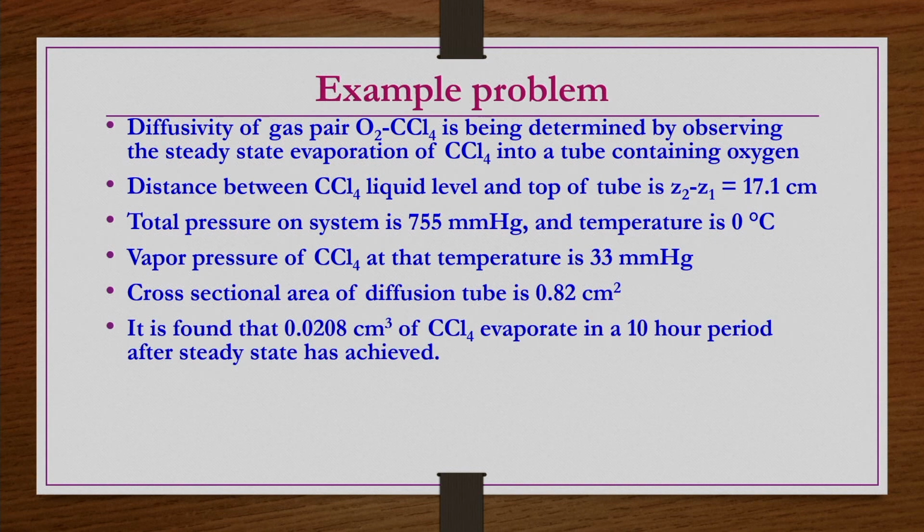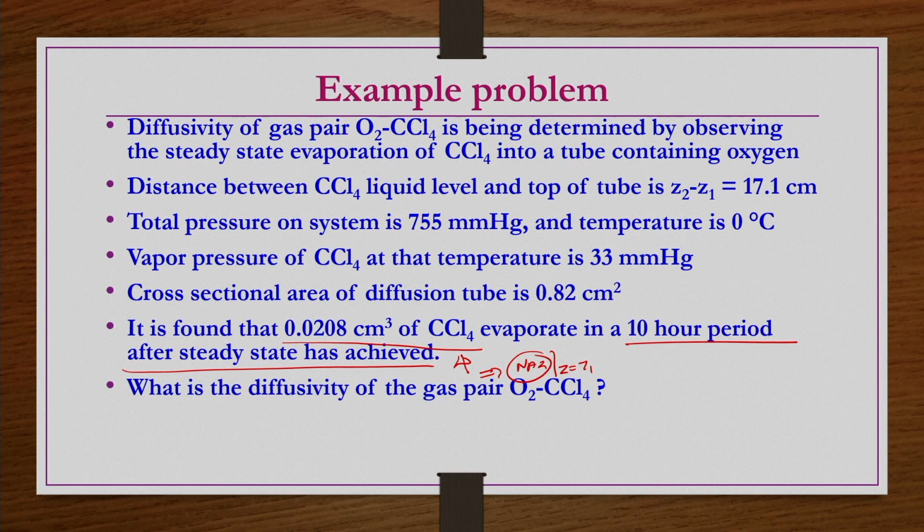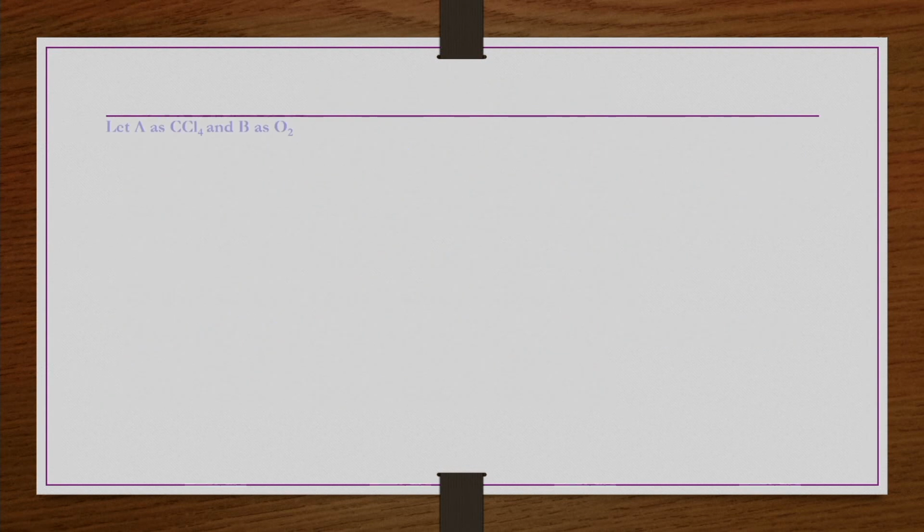It is found that 0.0208 centimeter cube of CCl4 evaporates, so from here we can get NaZ at Z equals Z1, in a 10 hour period after steady state has been achieved. What is the diffusivity of the gas pair O2 CCl4? That is the problem. Let us take A for CCl4 and B for O2.